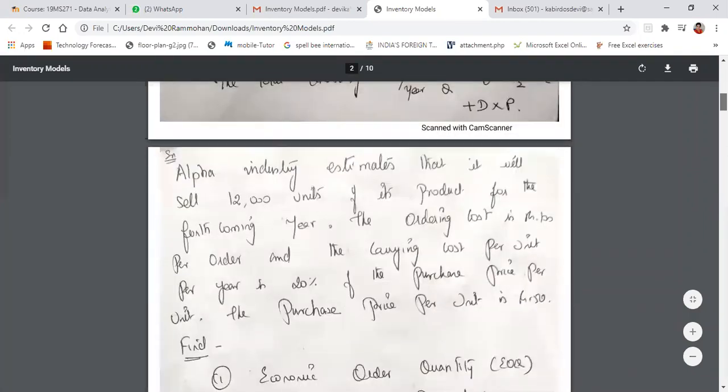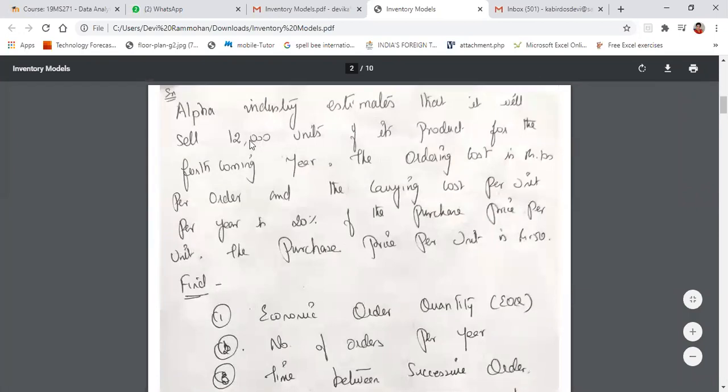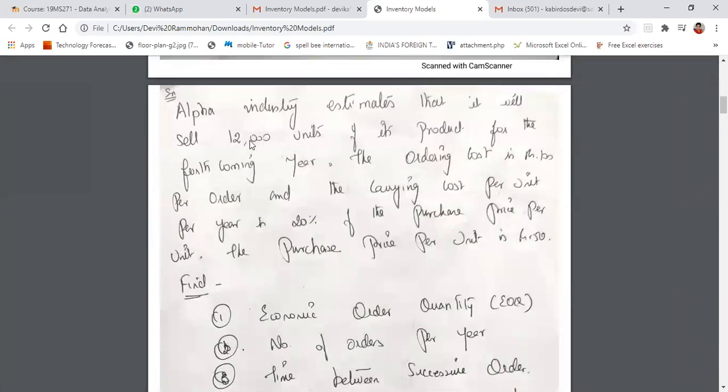So we go to the exercise. Here there is one example I have given, which is a very simple EOQ. Any purchase model without shortage is a very normal economic order quantity sum, right? It is a very simple sum, like you must have done your economic order quantity problems earlier in your operations management. You must have done this in financial management, right?